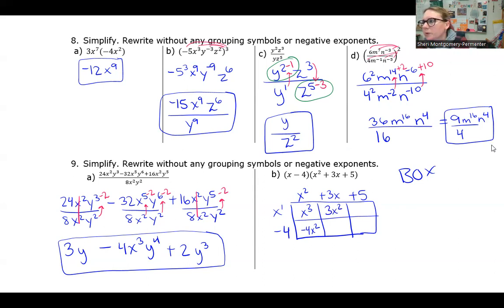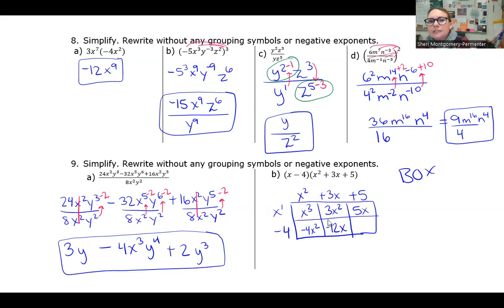And you can put these in any order you want to. You can go across and then across. It doesn't matter. 3 times negative 4 would be negative 12x. Five times x is 5x.